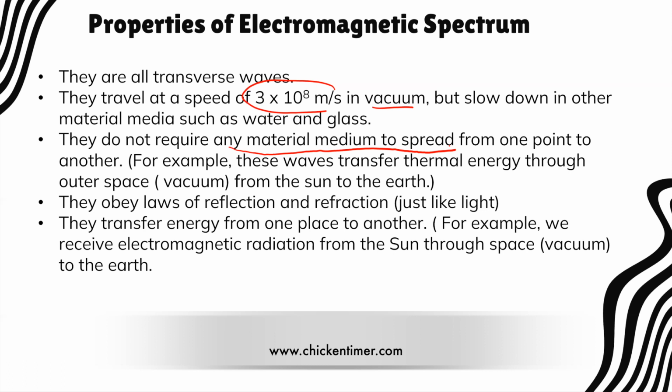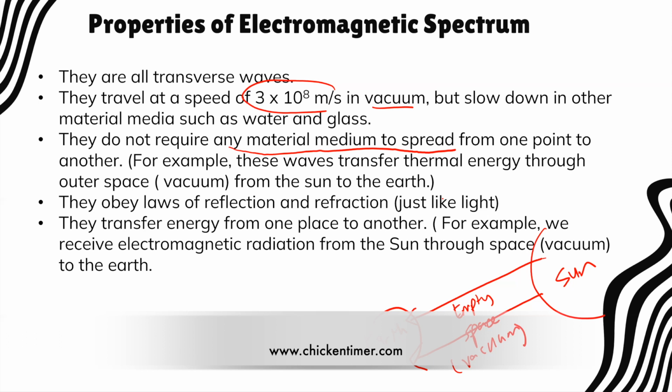The easy way to remember this is the earth and the sun. In between the earth and the sun, there is empty space, which is vacuum. So EM waves travel from the sun to the earth without anything in between. They do not require any medium to travel.